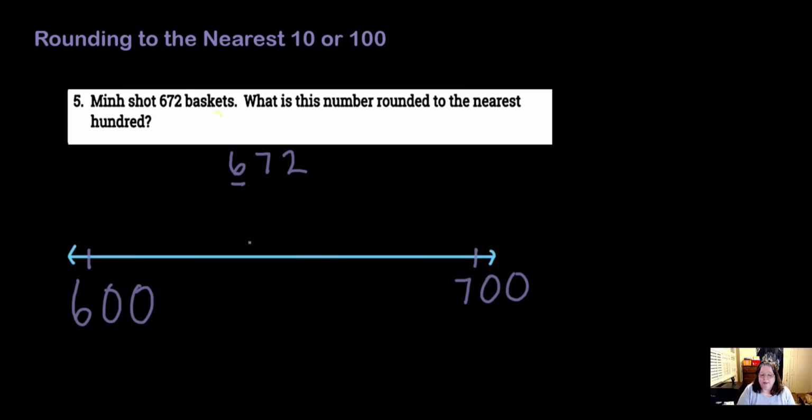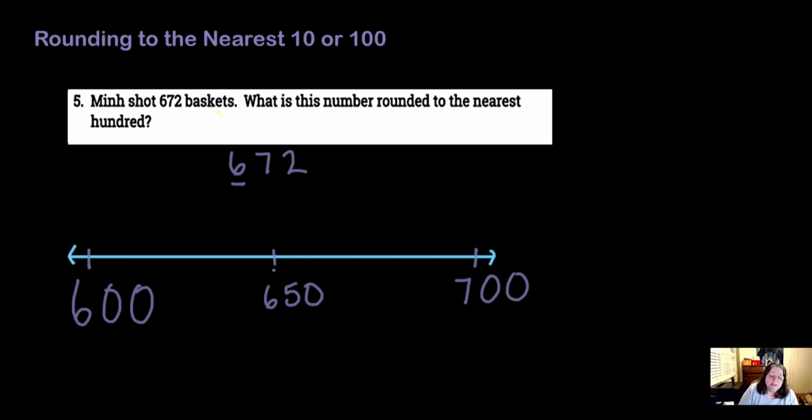And then the next step is to find the halfway point. What number would be here? Well, we've already established that we can just add 50 because 50 is half of 100, and the span here is 100 units. So if we add 50 to 600, that's the halfway point, and it's 650.